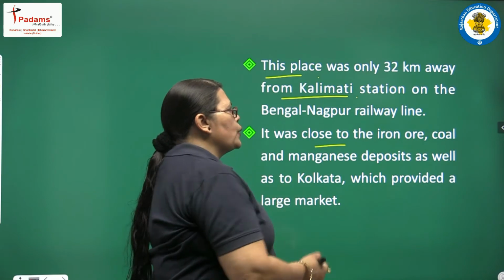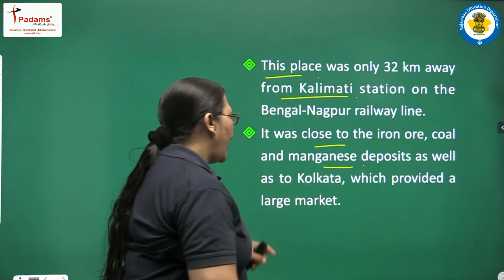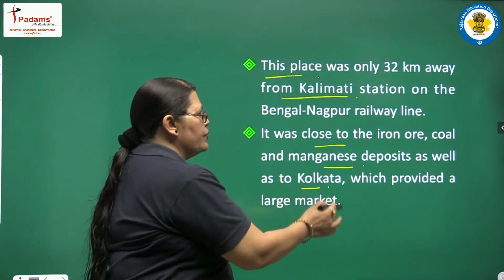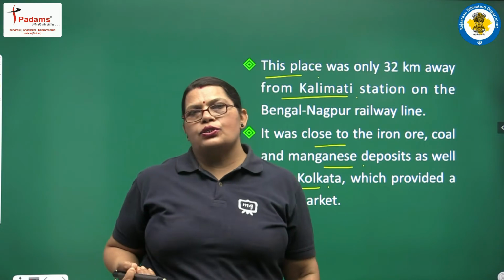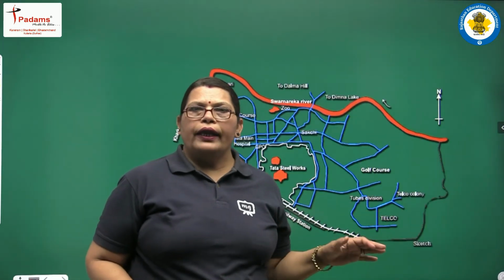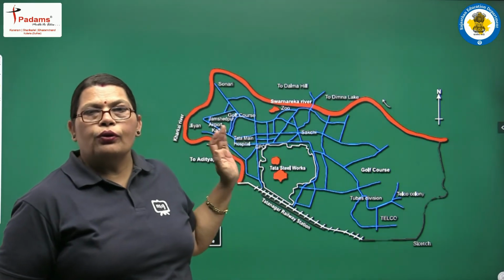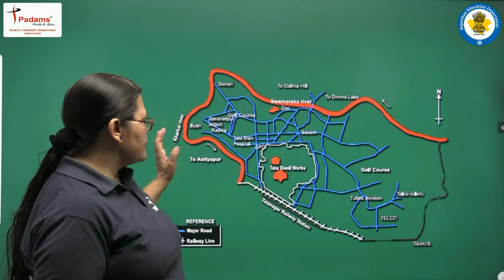It was close to the iron ore, coal and manganese deposits, as well as to Kolkata, which provided a large market to this industry. So everything is available here, and for that purpose Jamshedpur was the main center in the year 1907.